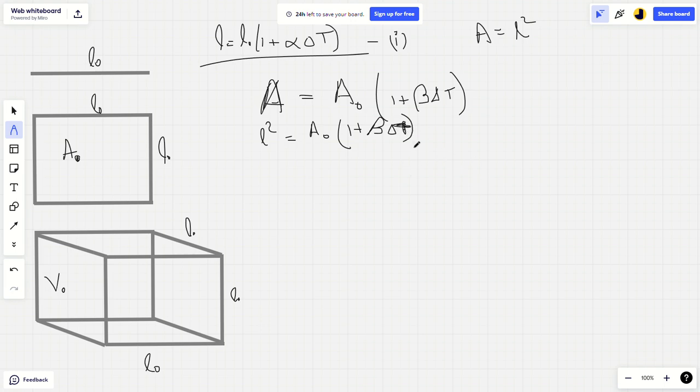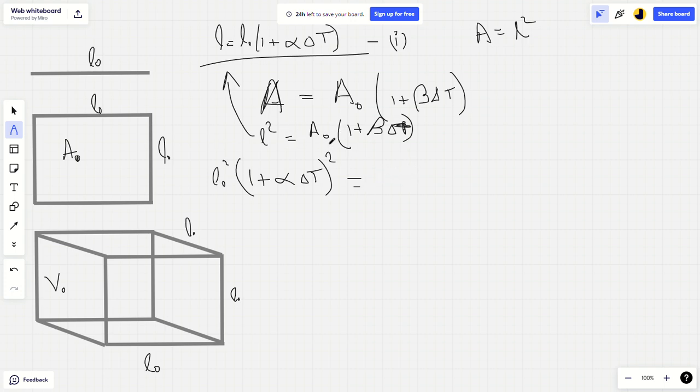And we can replace the value of L from this: L equals L0 (1 plus alpha delta t), so we can write L0 square (1 plus alpha delta t) whole square is equal to whatever was here.